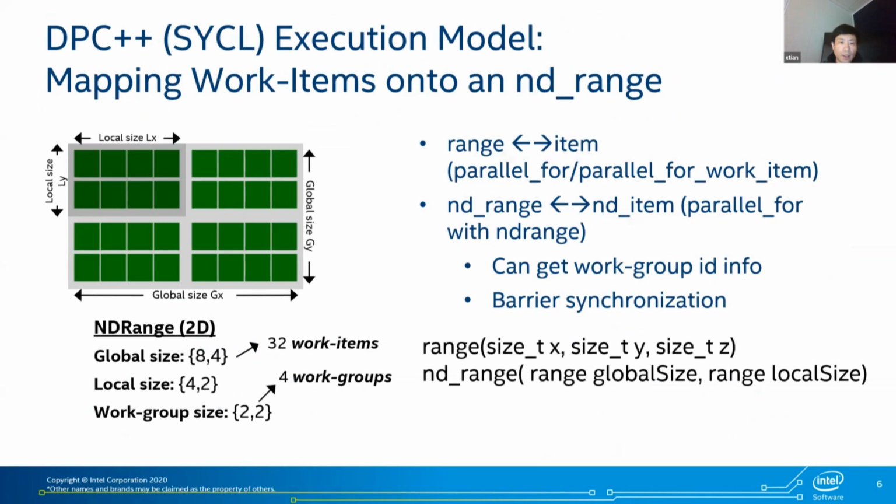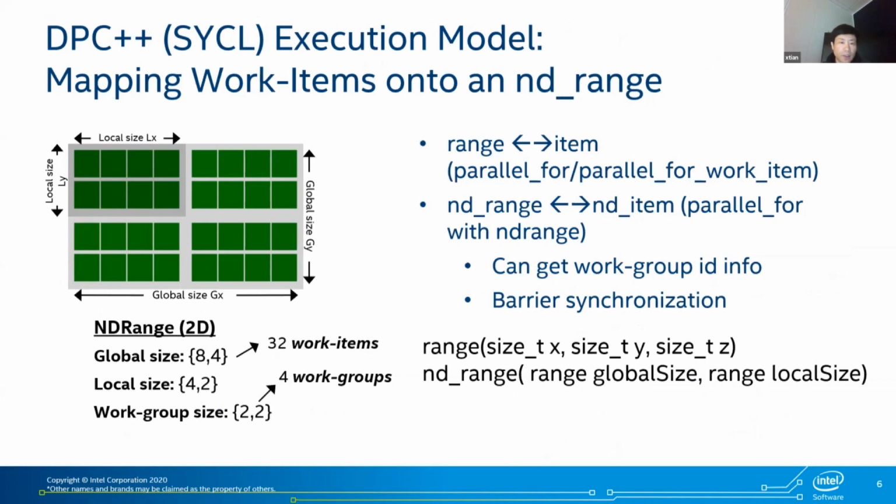Before I show you all the features of DPC++, the basic SYCL execution model is based on the ND-range model. Essentially, it's very similar to CUDA's 3D threading model and OpenCL's ND-range, work item, work group model.